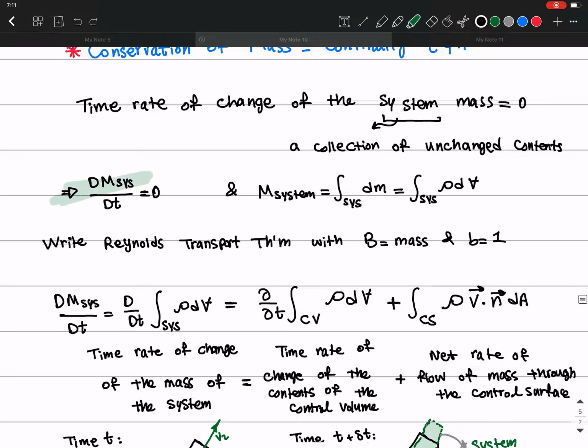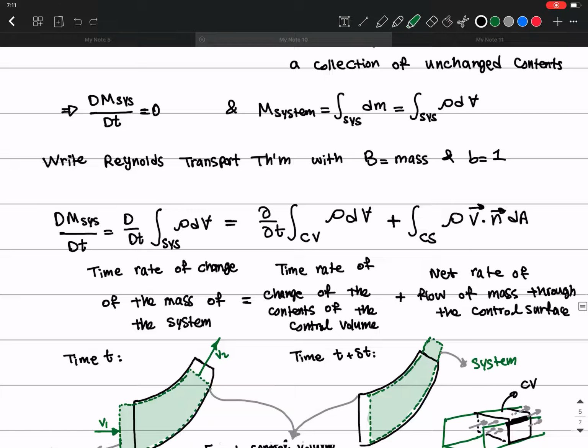So in terms of mathematical symbols, this means that dm of system, the total derivative of the mass of the system with respect to time, is 0. And this is the definition of mass, which we can write in terms of the integral of all the small elements. And then we take this and write the Reynolds transport theorem with P equals mass and B equals 1.